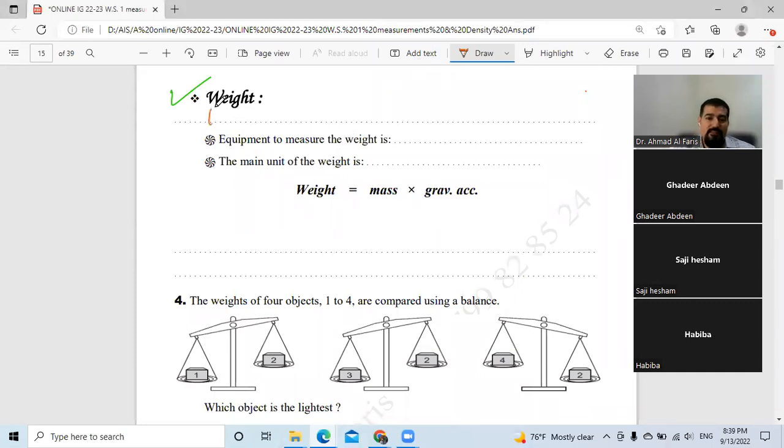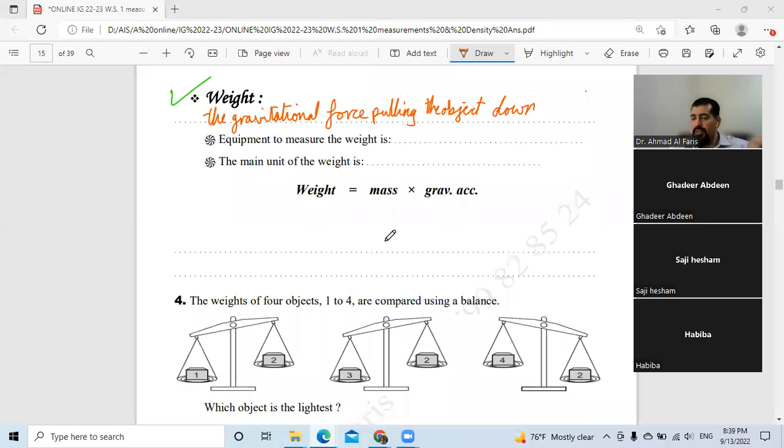So it is the gravitational force pulling the object down. One of the answers is that it is the gravitational strength pulling the object down to the surface of the planet or to the center of the planet.